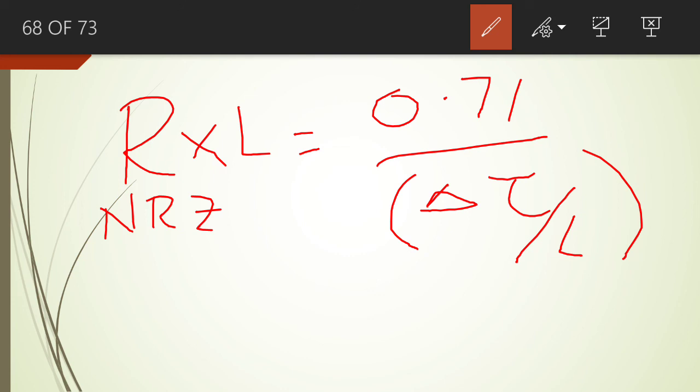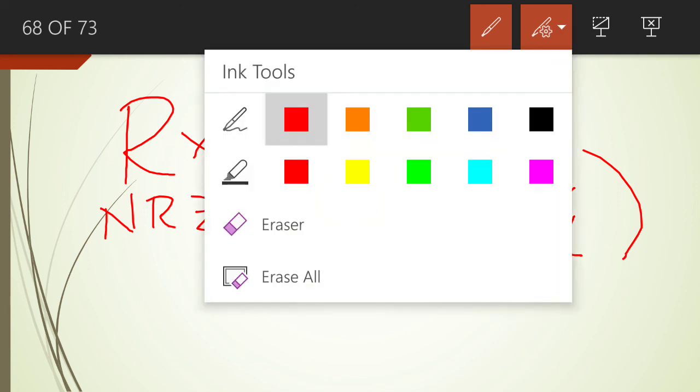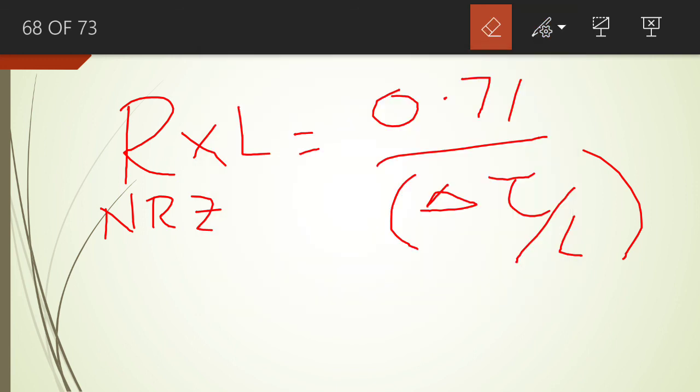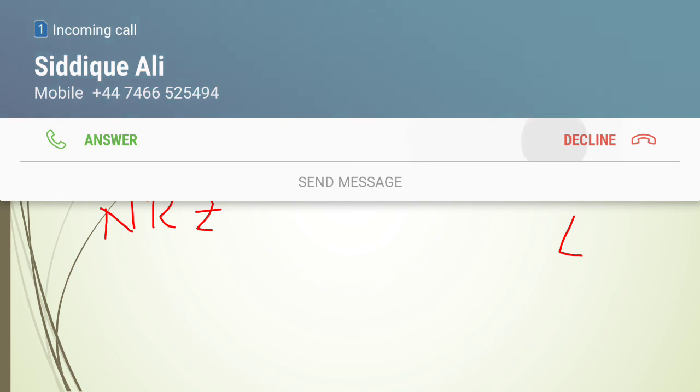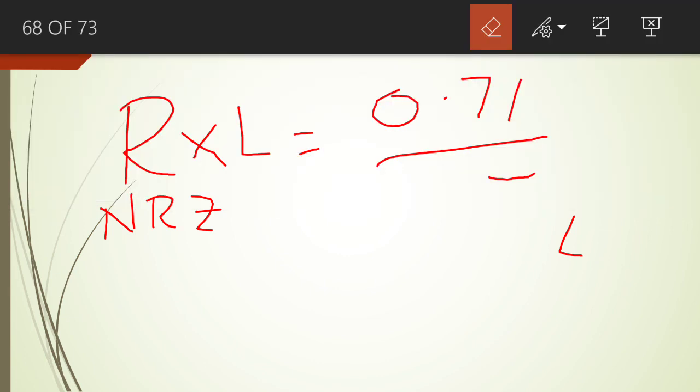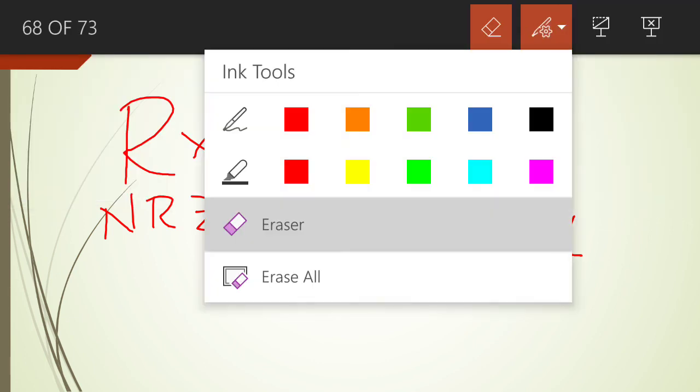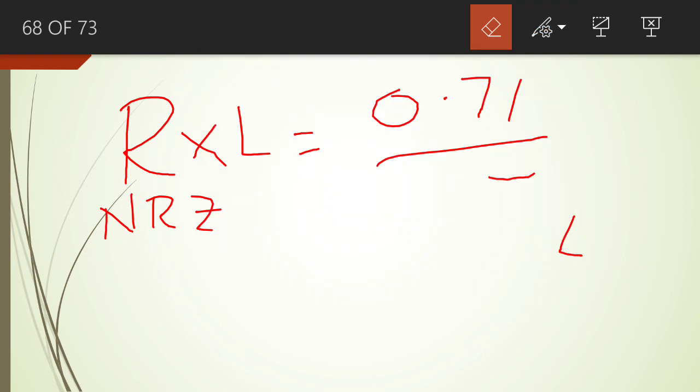So R NRZ multiplied by the length of the information channel will be equal to 0.71 divided by delta T, the pulse spread per unit length. And we know that the pulse spread per unit length in this particular case is 2.2 nanosecond.